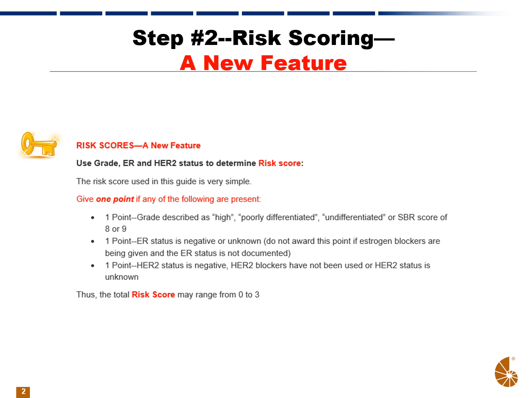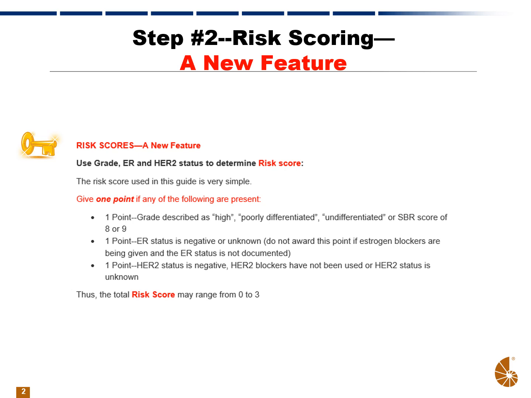So the key about this risk score, a new feature, is that it uses the grade of the breast cancer cells and the ER and HER2 status to determine what this risk score really is. So here's how the risk score works. You give 1 point if any of the following are present.